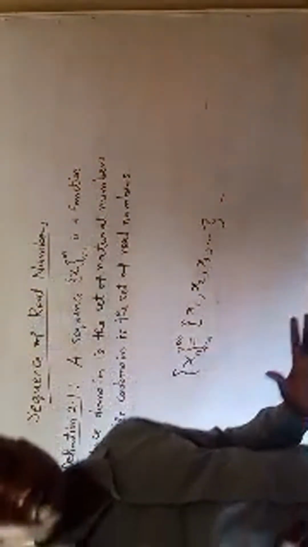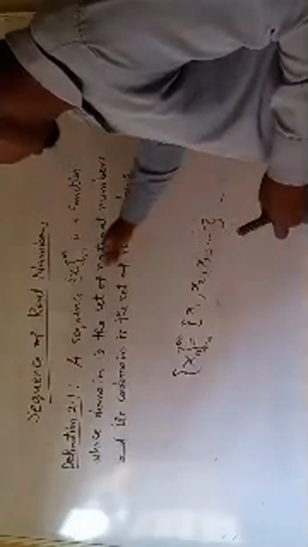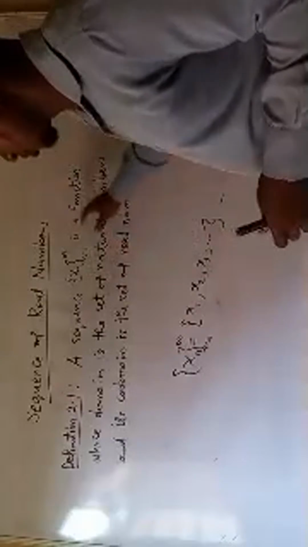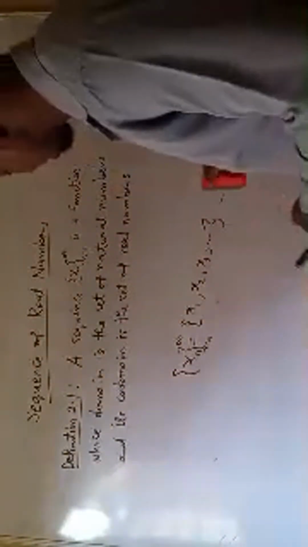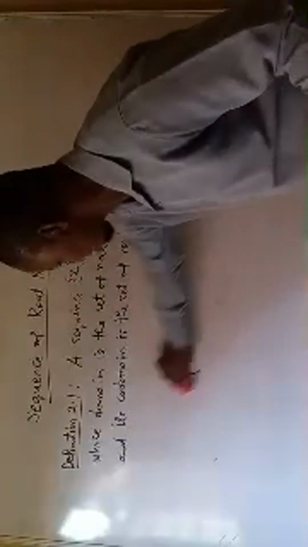So this is how we define sequence of real numbers. We have defined it as a function. A function must have a domain in mathematics and it must have a codomain. So notationally, what we mean by this is this.